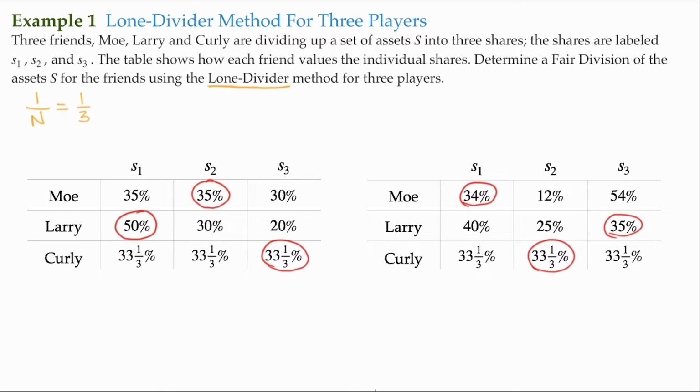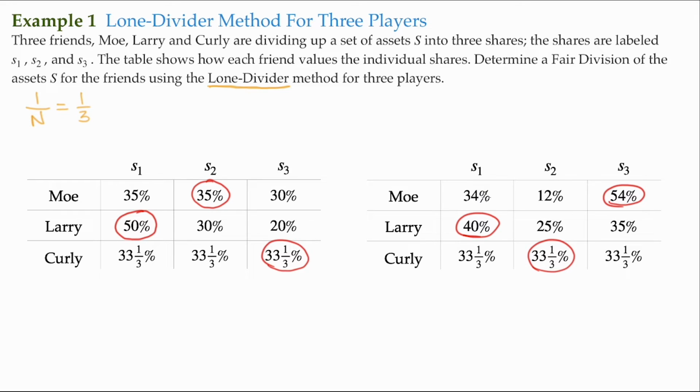However, we can see that Mo could possibly get share 3. Therefore, Larry would get share 1. So both of those divisions are fair divisions. They both work.